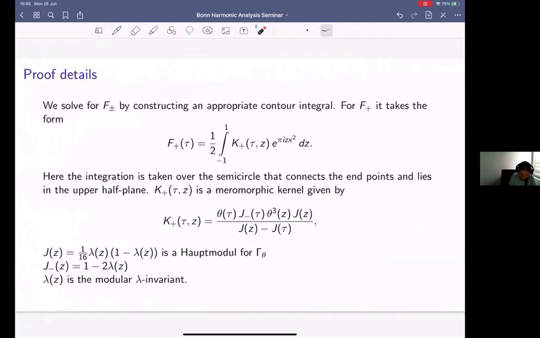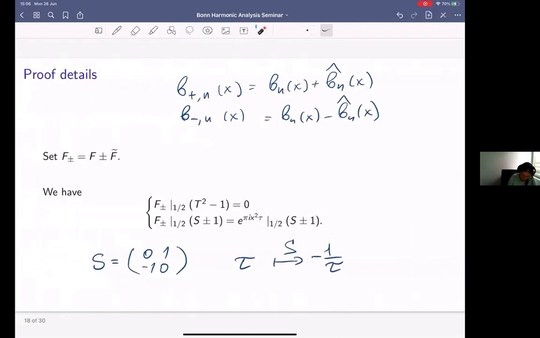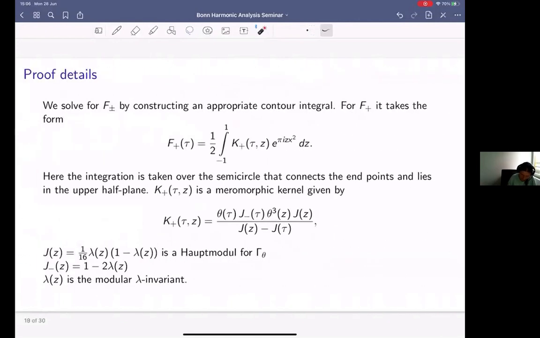Now the idea of the proof is to construct the solution of a functional equation of this kind as an appropriate contour integral. So we will construct, for example, our function f plus as a contour integral of this type.